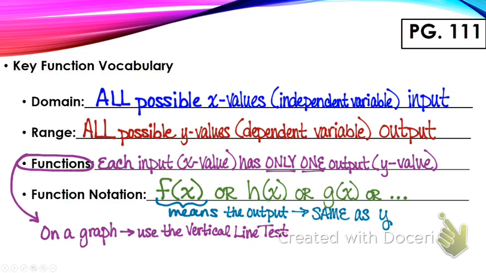Which means if I'm looking at an equation and it has function notation, if I want to replace my function notation with the letter y, I can do that. It has the exact same meaning. You guys okay with that so far?